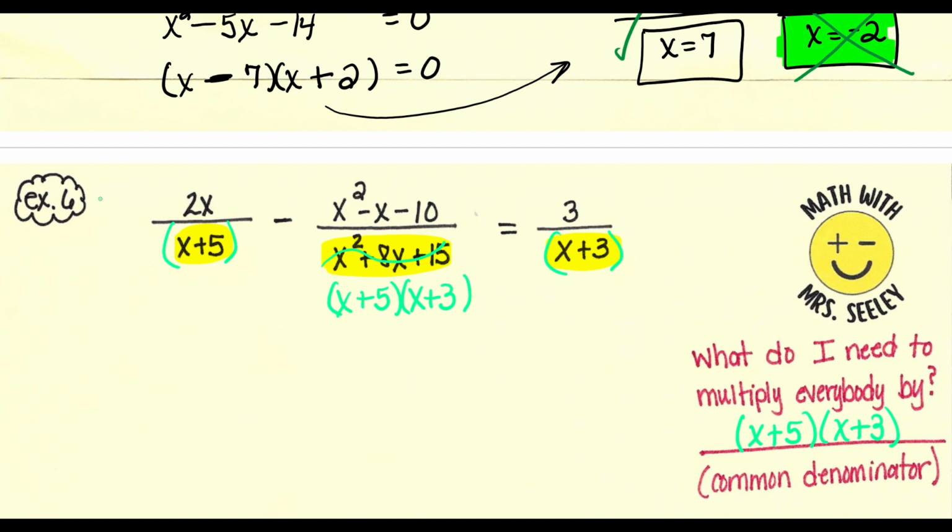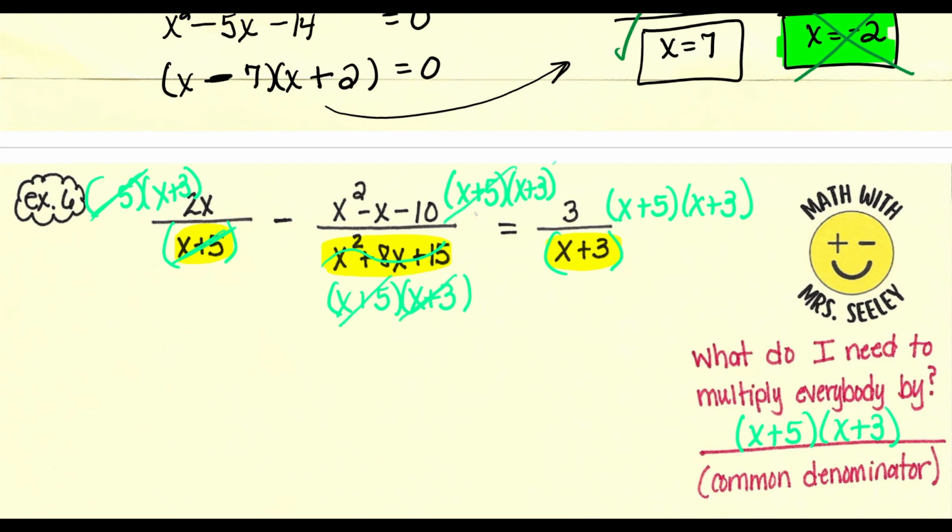So I'm going to multiply by an x plus 5 and an x plus 3. Okay, my x plus 5s are going to cancel. They both cancel.